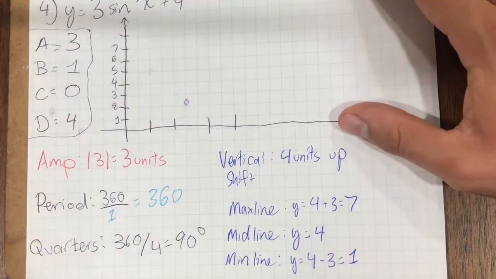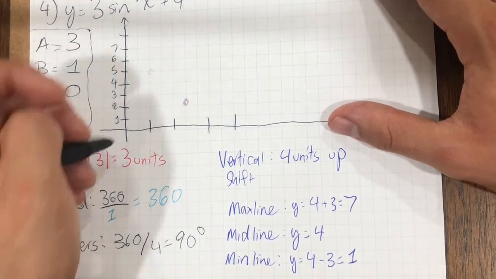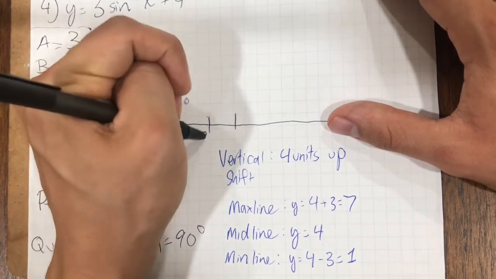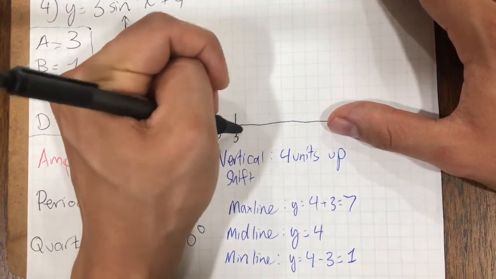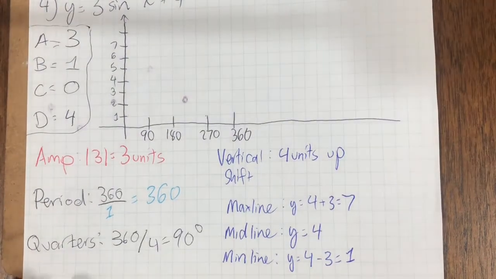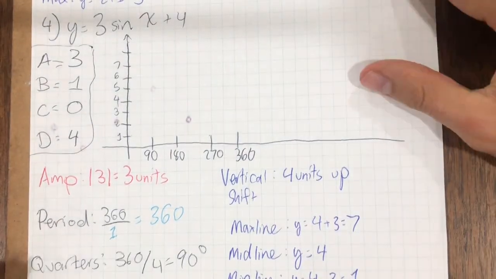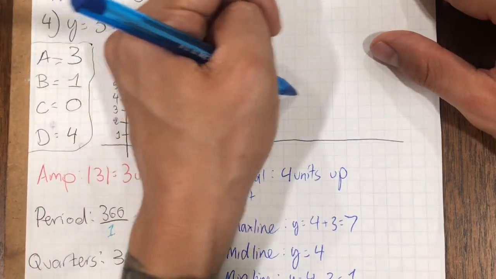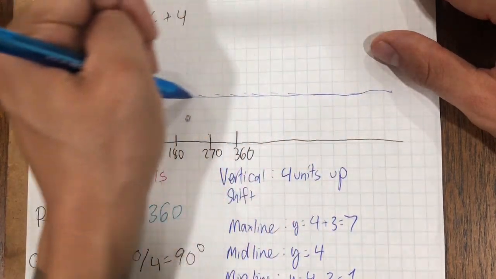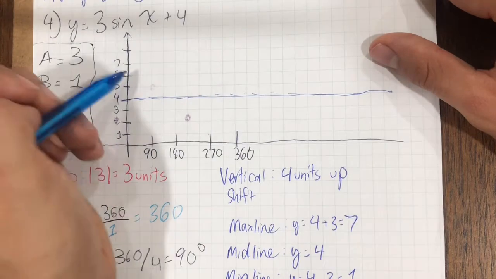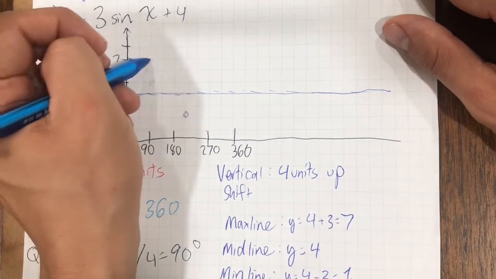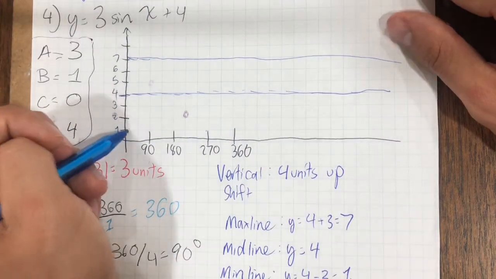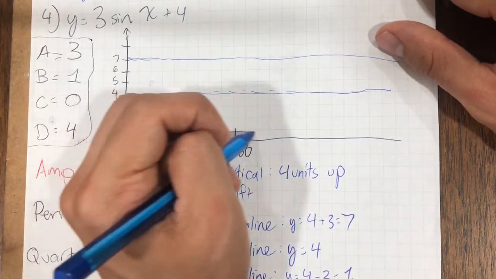So my quarters, I'm going up by 90, so 0 to 90, 90 to 180, 180 to 270, 270 to 360. Let me label the lines for the midline at 4. So that's my middle line. Then I have my highest line, which is at 7, my max line. Then my min line is at Y equals 1.